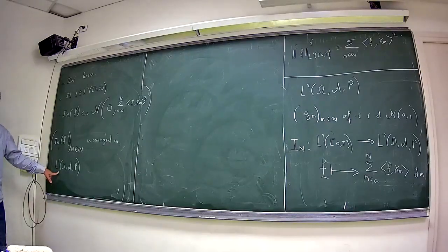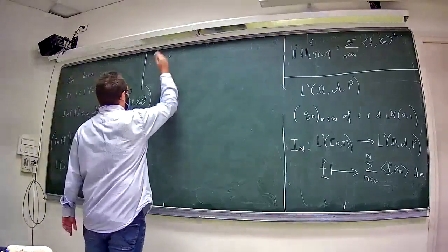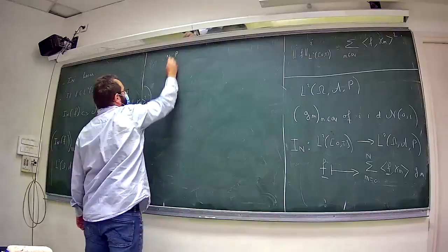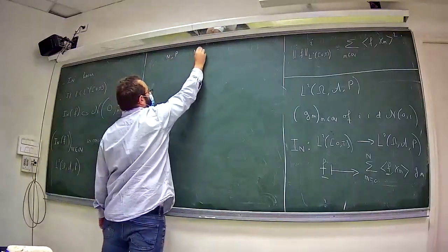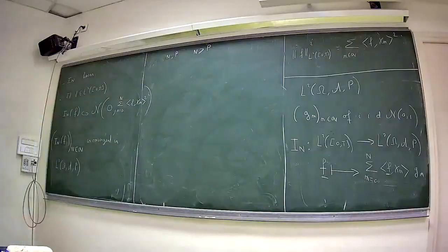in this space, in L2. So I am interested in, let's take N and P, and let's consider that N is strictly greater than P. Why not?